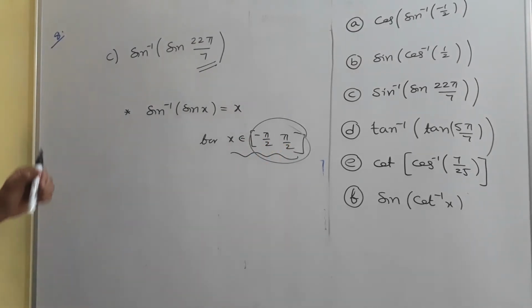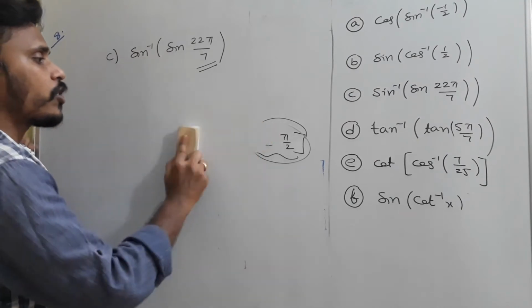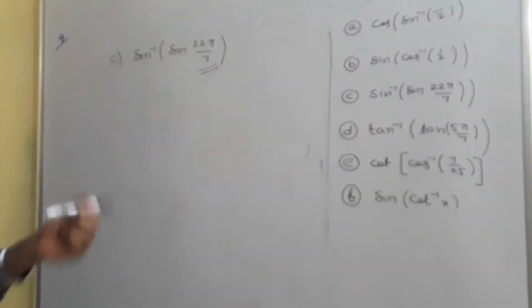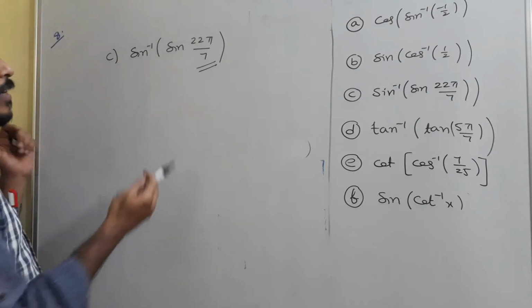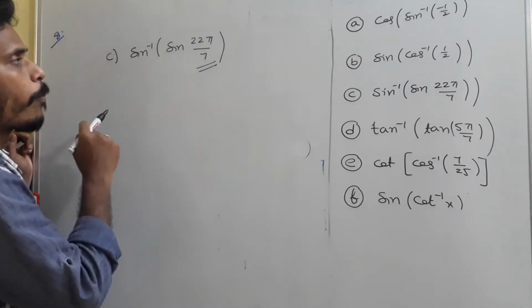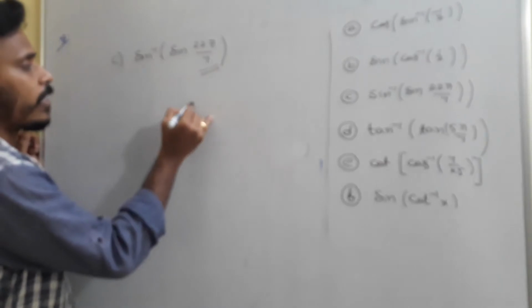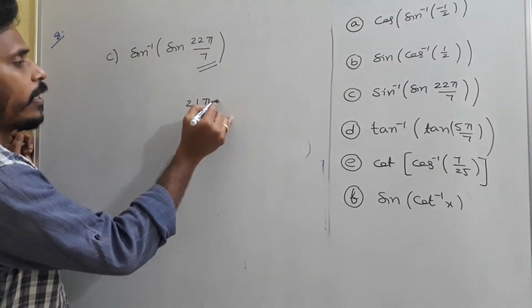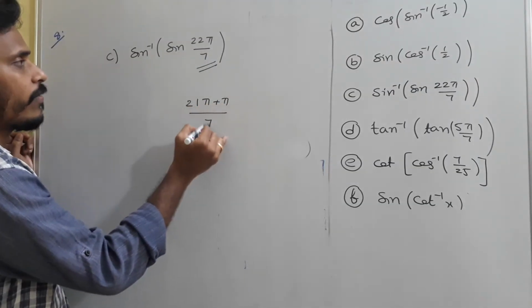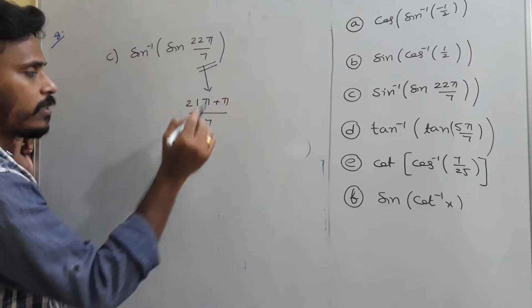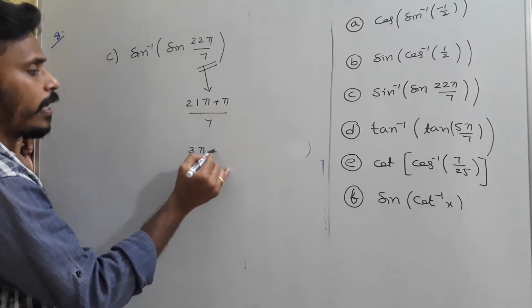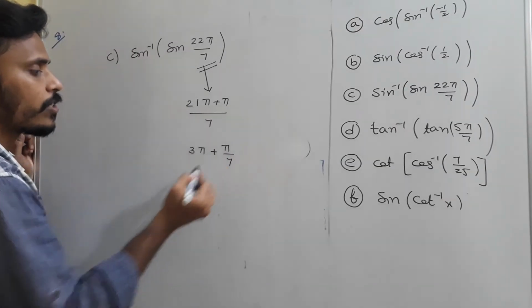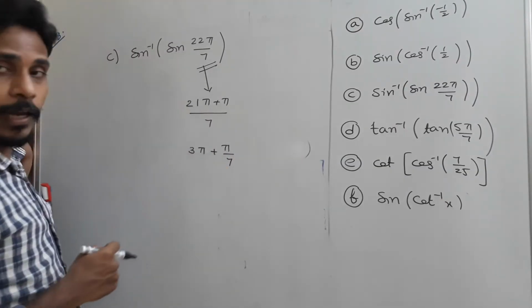For such conversion, you need to pay attention to the angle, 22 pi by 7. So just try to split that angle. I have different choices: 21 pi plus pi by 7. 21 pi by 7 is simply 3 pi, so 3 pi plus pi by 7.